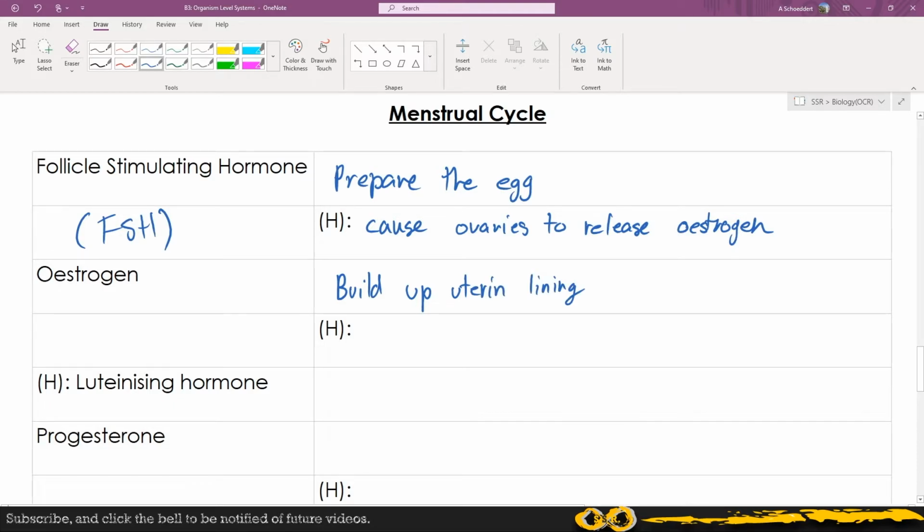And for those of you on the higher syllabus, it is going to cause the pituitary gland to secrete another hormone. And that hormone is luteinizing hormone.